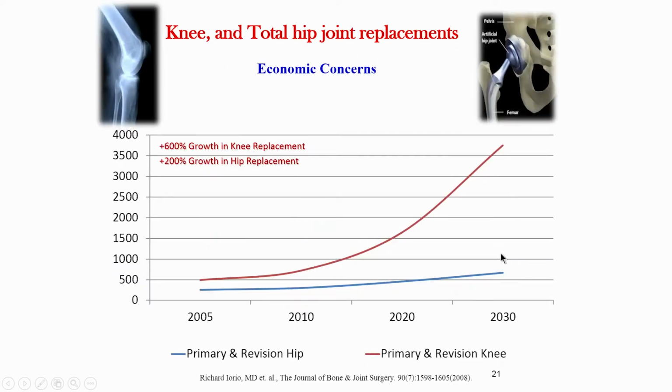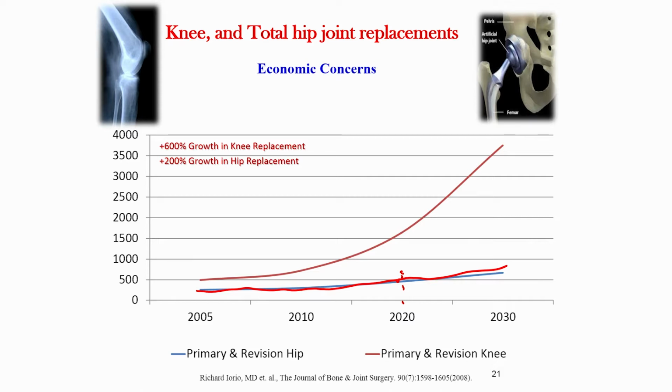in the patients. Now, if you look at the numbers, how hip and knee replacement has grown over the years, from early 2005 onwards to today, close to 2020, there are at least 500 cases used in hip replacement.